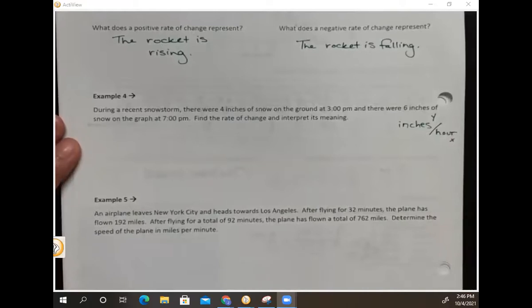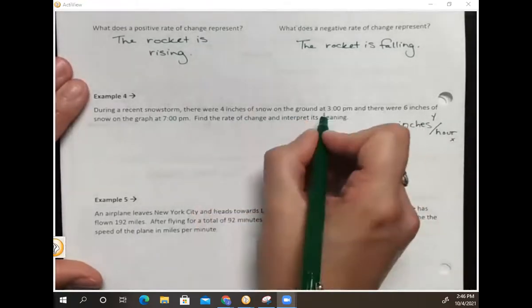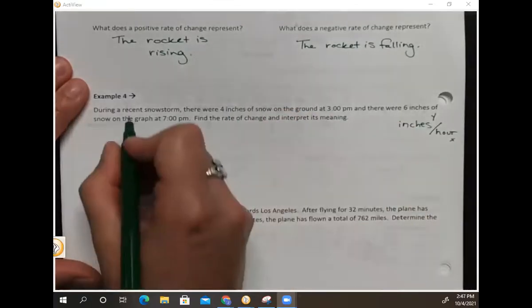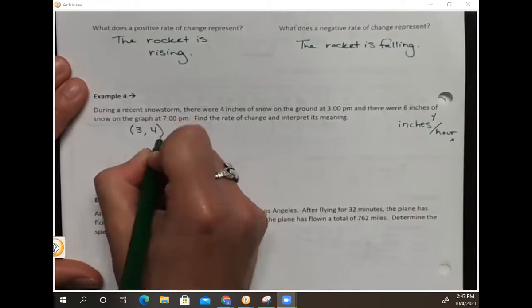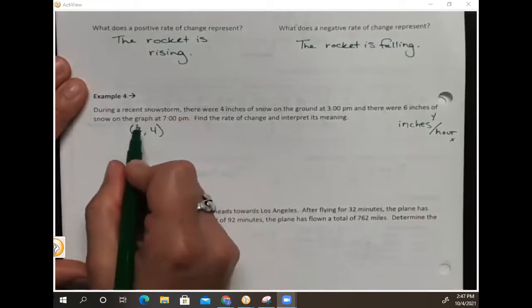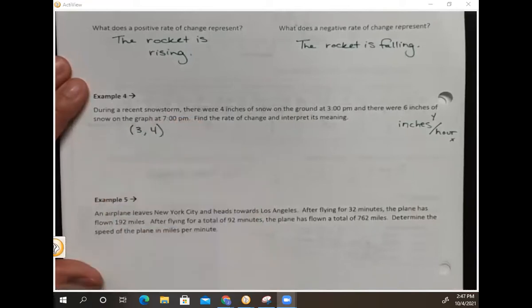The next thing that I'm going to do is match up the pieces of information that are paired together. So 4 inches of snow at 3 p.m., and I'm just going to write that as an ordered pair. I put the hour in the X spot and the inches in the Y spot, so that when I find the slope between these 2 points, when I find the rate of change, it's set up exactly how I need it to be set up.